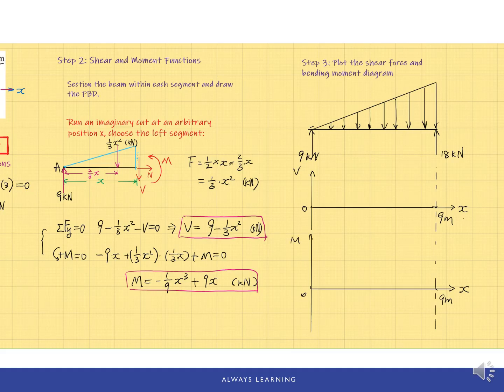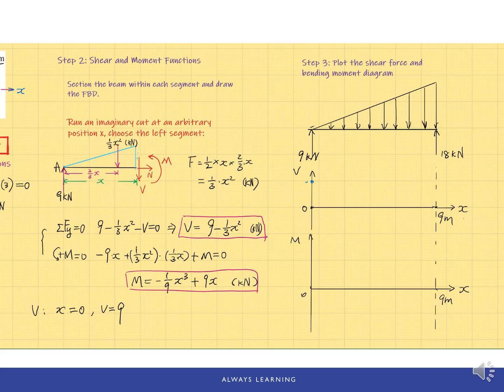So the shear force diagram is a quadratic function. You should be familiar with the plot of a quadratic function. Since the x squared has a negative coefficient, it's an upside down one. We can find the boundaries for V. At x equals to 0, based on the function, V equals to 9.